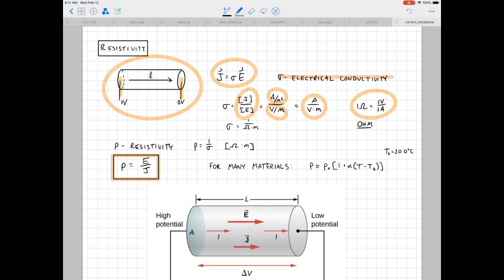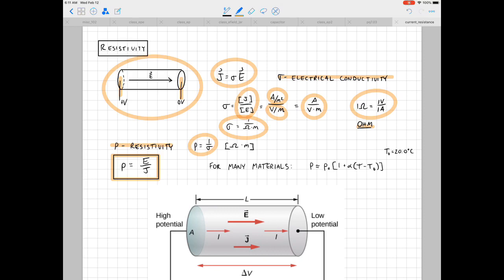And so if we introduce the ohm unit, then sigma has units of 1 over ohm meter. So sigma is the electrical conductivity, and it turns out that often in electronics and in circuits, instead of talking about the conductivity, we talk about the resistivity, and that's just simply 1 over sigma.